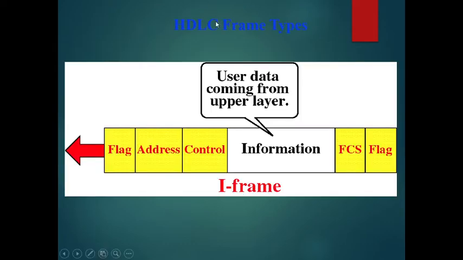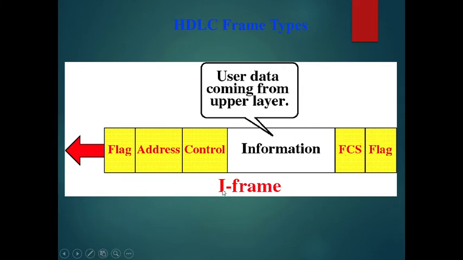If you are seeing the general structure of the HDLC frame types, we have to see that for each frame there is some difference. I have shown here the figure for an I frame. As you can see in the figure for an I frame, the starting and the last portion is going to be a flag, and then we have an address field, a control field, the information field and the frame check sequence field.